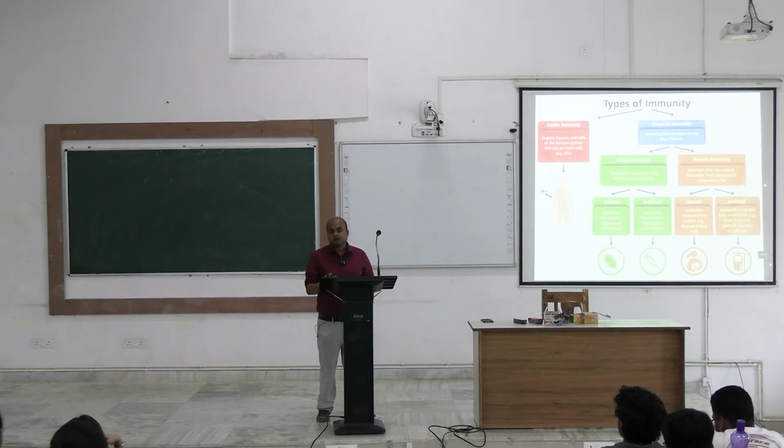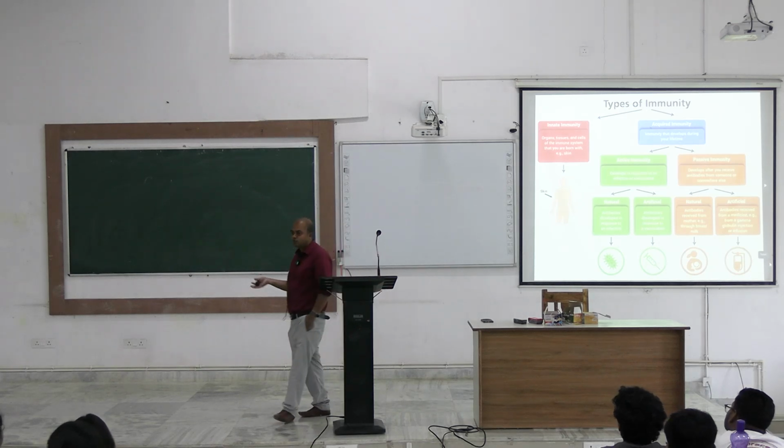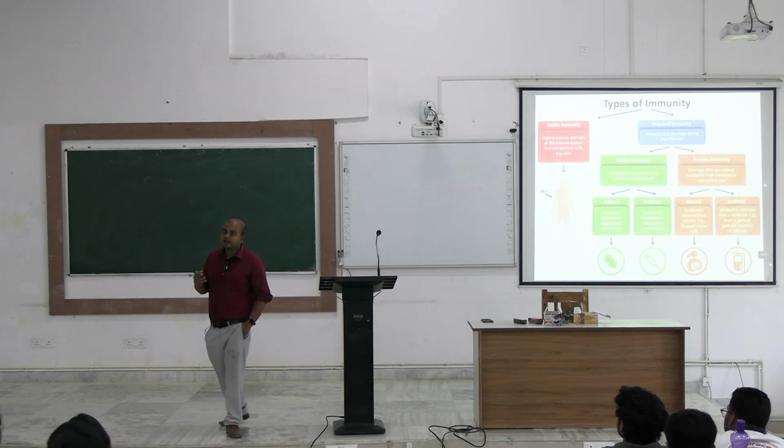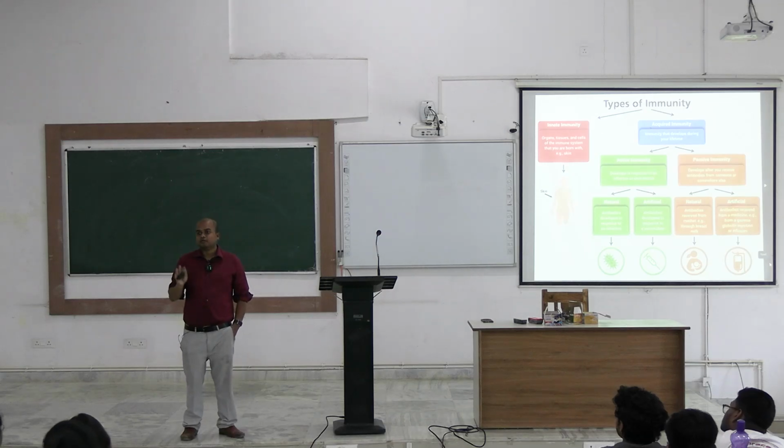But once, say, a dog bite has occurred, which is more relevant to rabies, or tetanus, any cut injury, and we find that symptoms may be occurring or there is a chance of the disease, at that time immunoglobulins, antibodies, are given from outside.